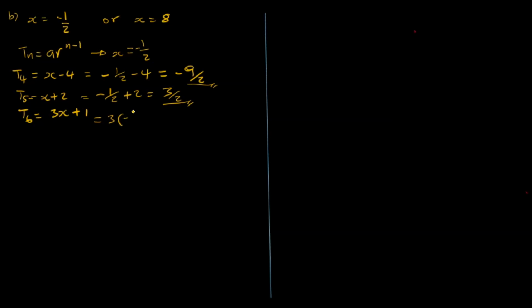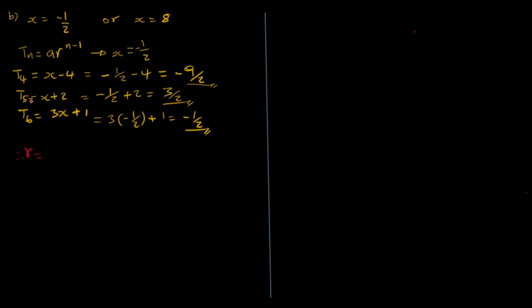3 minus 1 over 2 plus 1. Okay, so this is minus 1 over 2. So we'll do the same for x is equal to 8 and then determine the sequence, right?